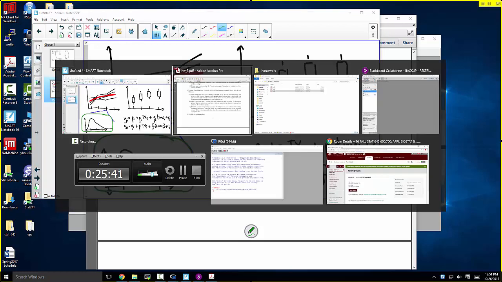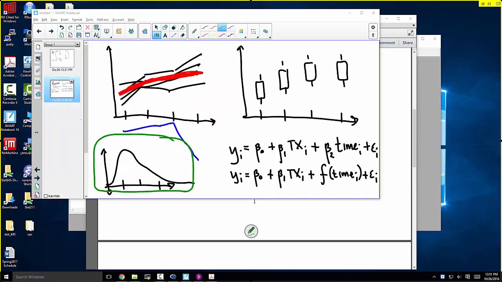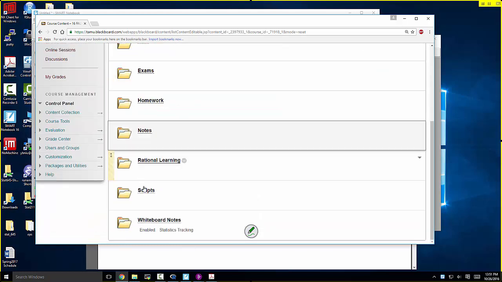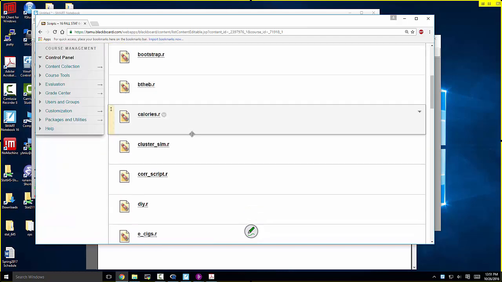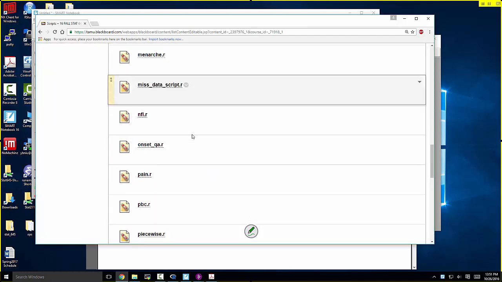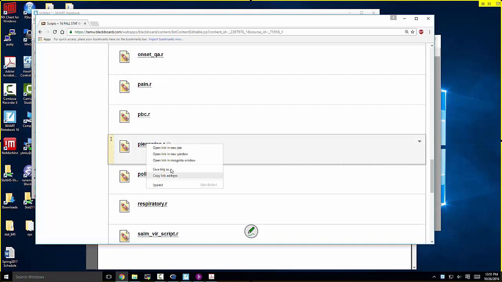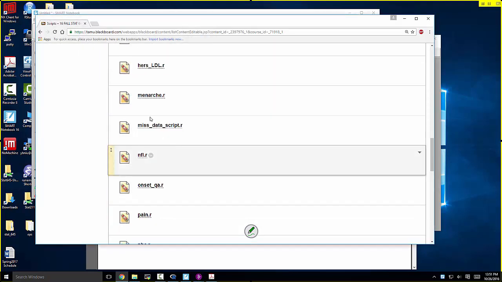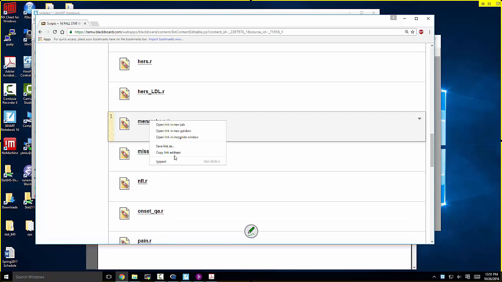So let's look at a couple of new scripts. They're not new to eCampus, we just haven't looked at them yet. Under scripts, I'm going to get one called Piecewise.r. And after we look at that one, we're going to look at this one. This is a data set called Menarche, I think. So I'm going to get the script, and then I'll go get the data for this also.